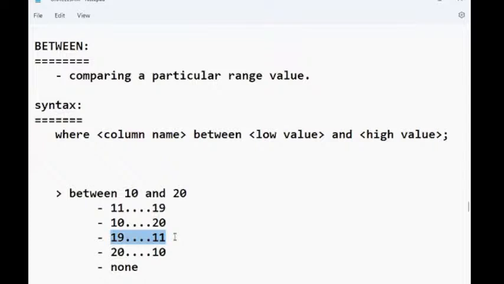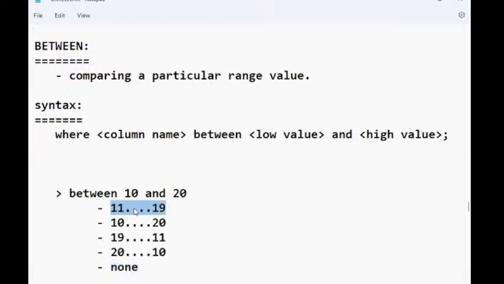One person raised a hand. Show me your face once. 20 to 10? Okay, none of the above. So 11 to 19.